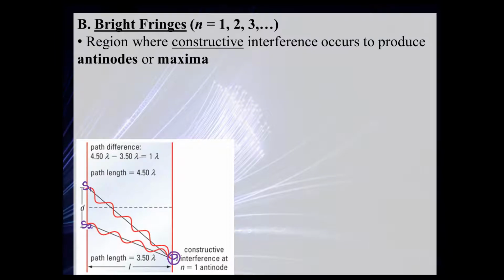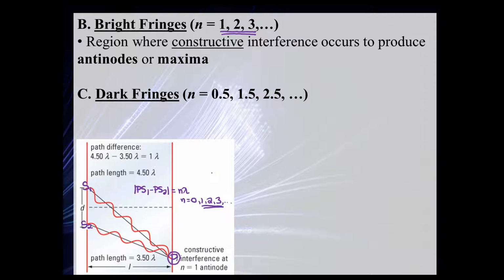So once again, if we want constructive interference to occur, if you take the path difference, PS1 minus PS2, as long as that is n times lambda, where n is a whole number, you get constructive interference. Again, as long as the path difference is a whole number multiple of the wavelength, you get constructive interference. And by the way, this might also explain why the n values up here match up nicely with the n values down there. Again, we'll just ignore the 0 point for now.